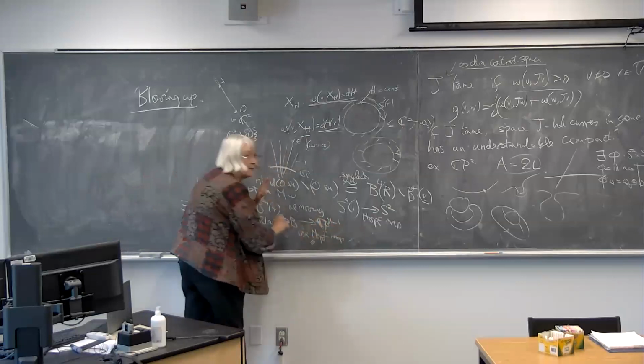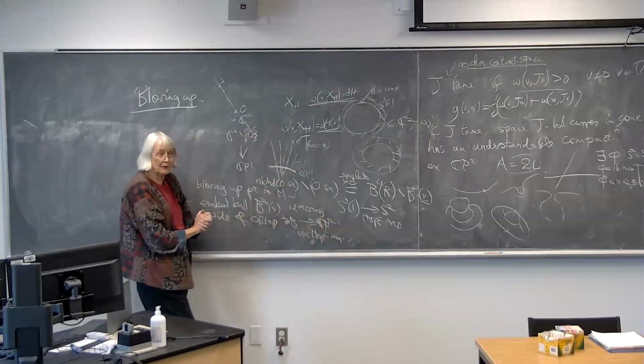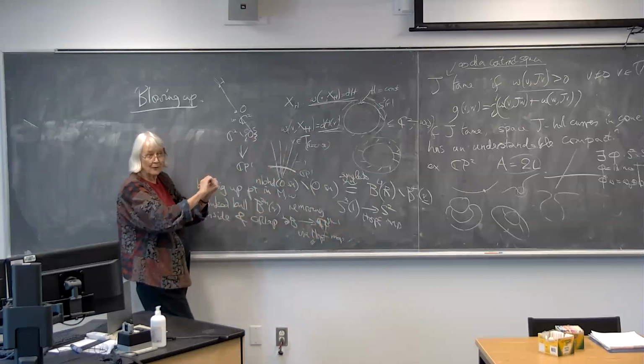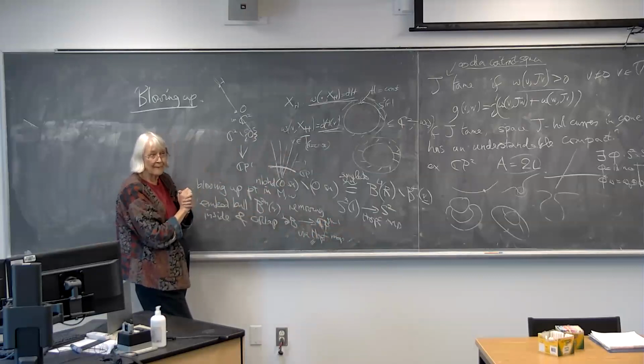And that gives you the exceptional divisor, which is a CP^{n-1}, gives you a little neighborhood of it being realized in this way.